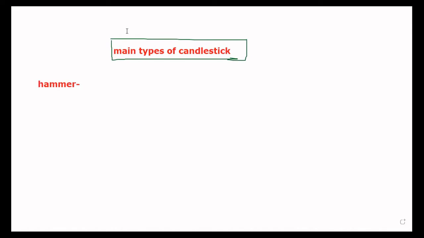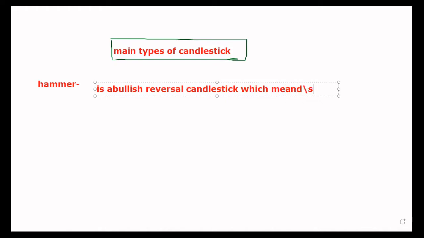We can say a hammer is a bullish reversal candlestick pattern, which means buyers are in control of the market. So it's called a hammer.